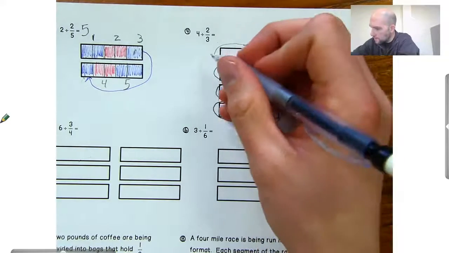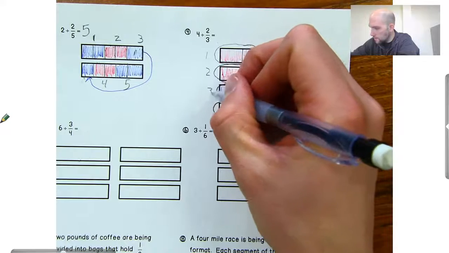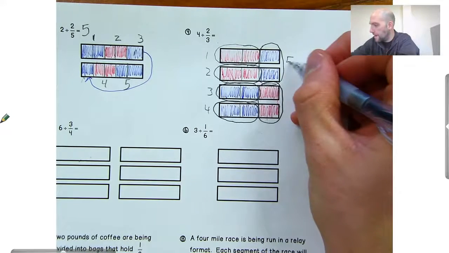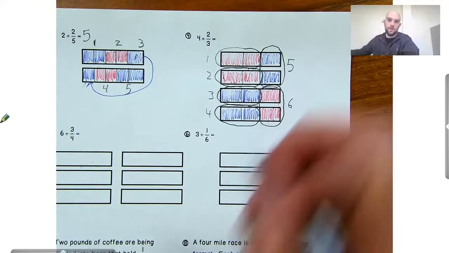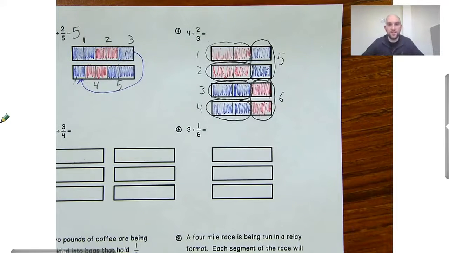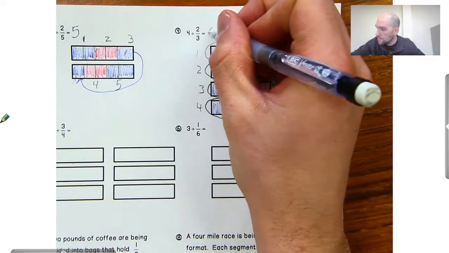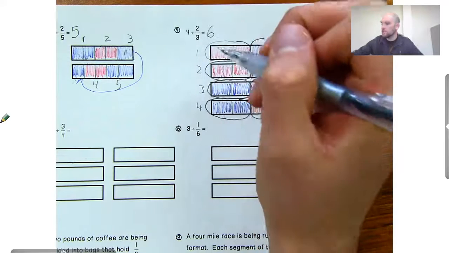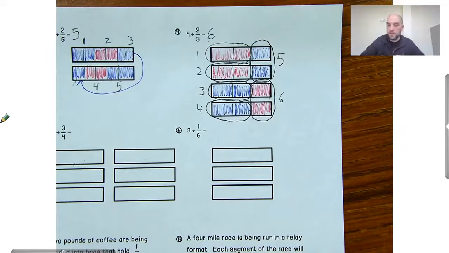So we have 1, 2, 3, 4, 5, and 6. So we split our 4 into 2/3 size pieces. We'll have 6 pieces altogether. 6 pieces of size 2/3. So we have 6 shares of 2/3.